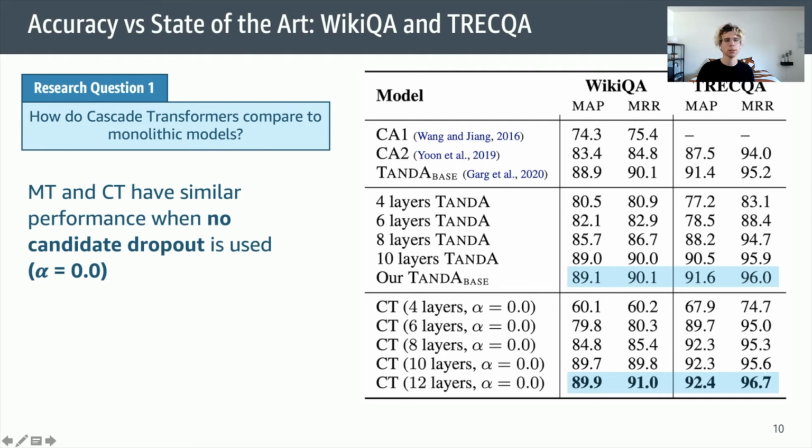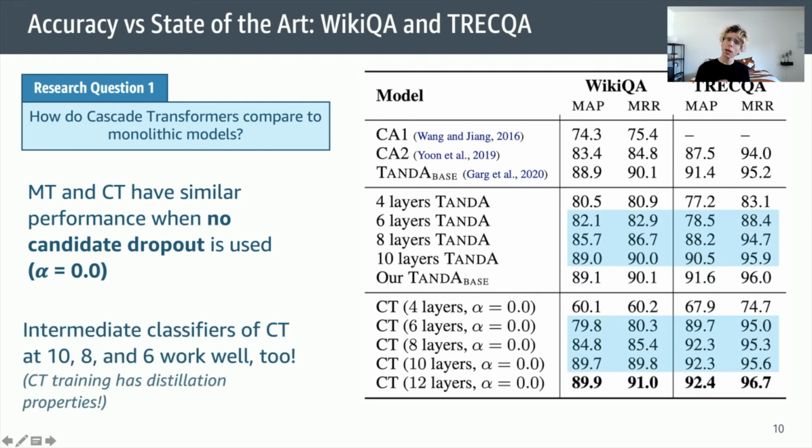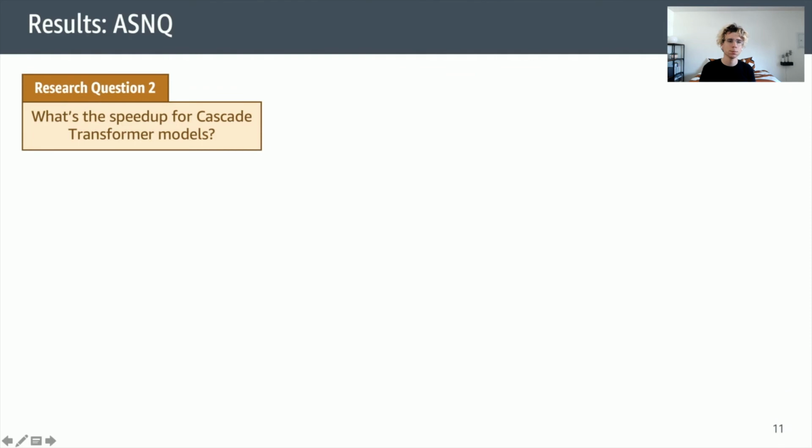Interestingly also, our training strategy for this Cascade Transformer is also able to produce very competitive smaller transformer models with 10, 8, and 6 layers, which suggests that the training setup that we have for the Cascade Transformer model executes some sort of distillation and is able to produce these smaller, but yet very efficient classifiers.